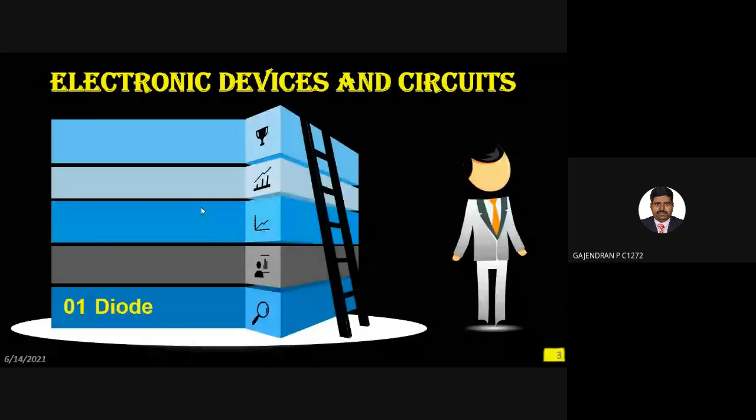What about the second module? After the diode, we went for some advanced type of electronic device. Am I right? So after diode, what is the next category? Which one we have seen in the second module? BJT. Yes, BJT. We have seen two kinds of transistors, BJT and what about the next one?